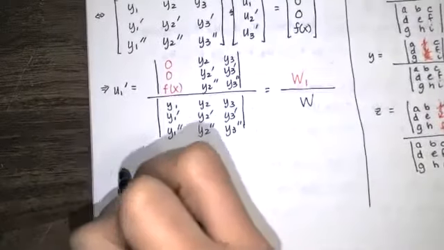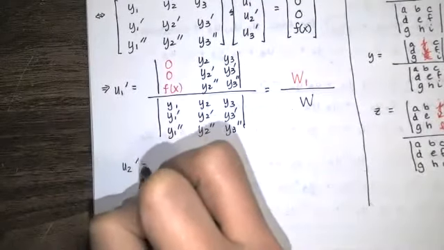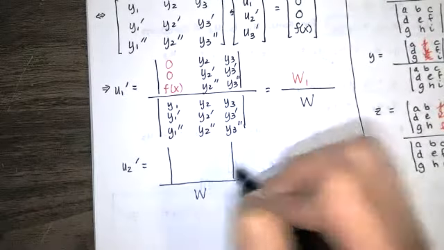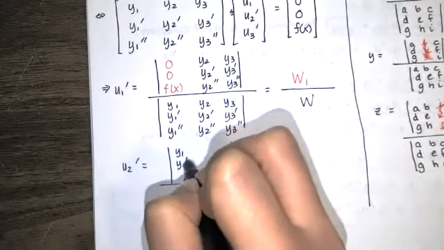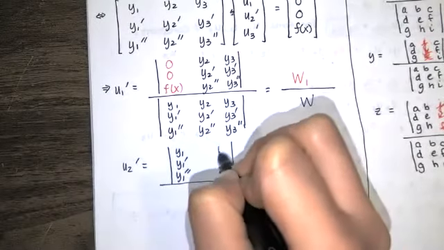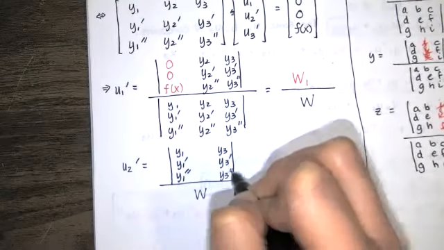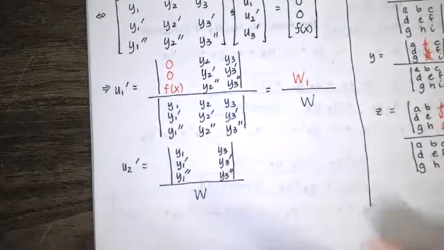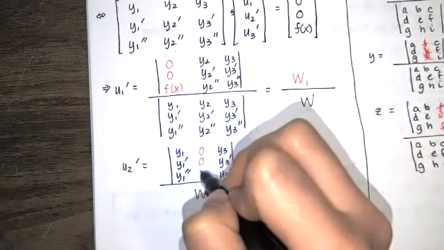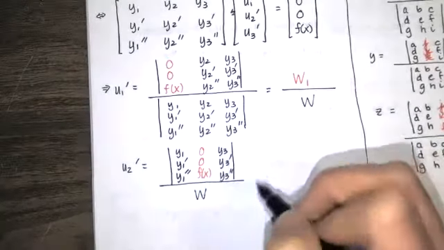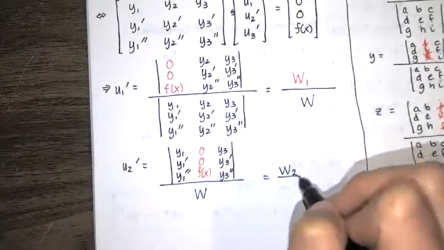To find U sub 2 prime, we do the same thing, still have that Wronskian in the denominator. But since it's the second variable, we swap out the second column for 0, 0, and f of x. We call this matrix W2. So we've got W2 over W here.